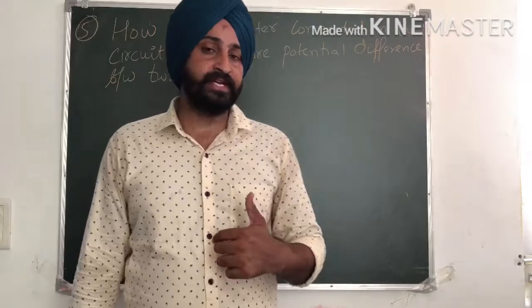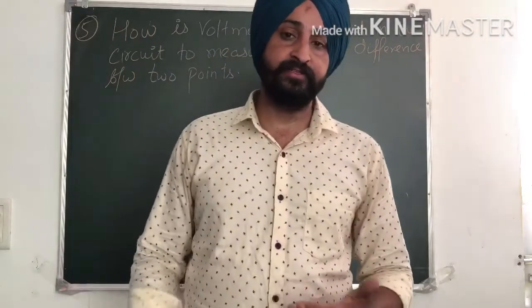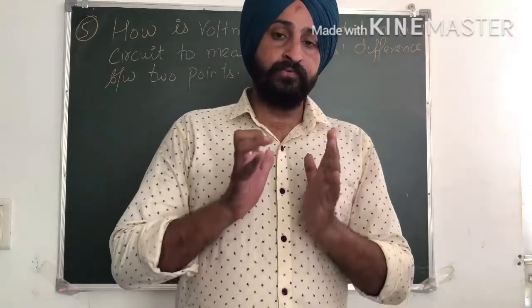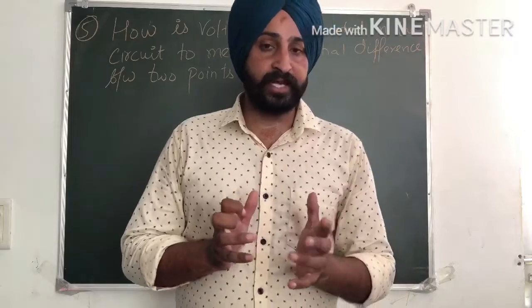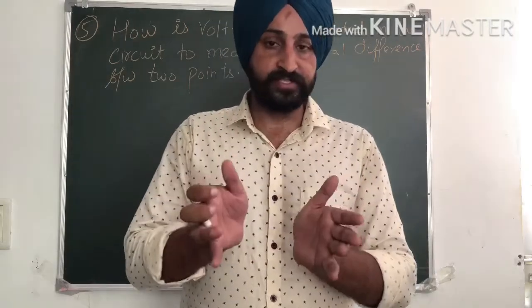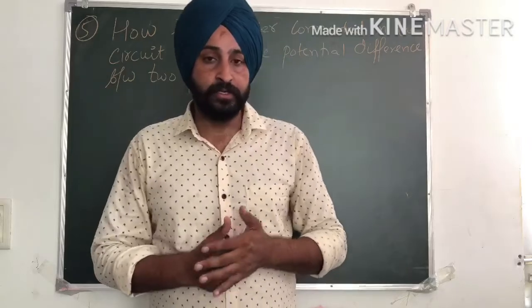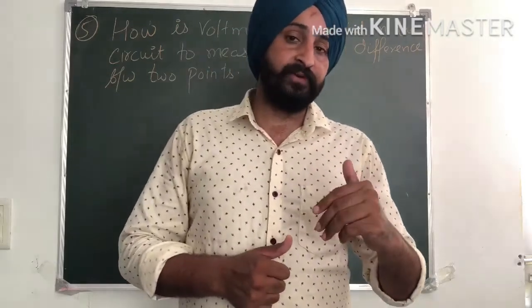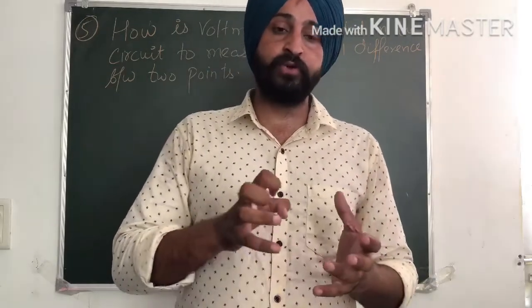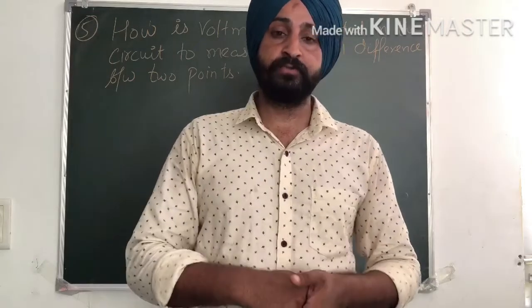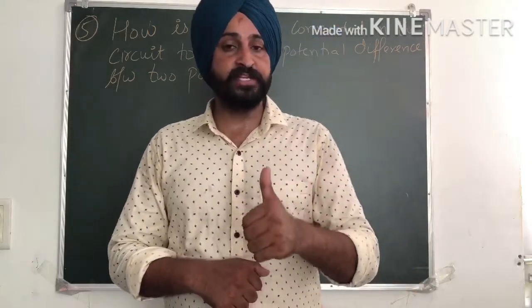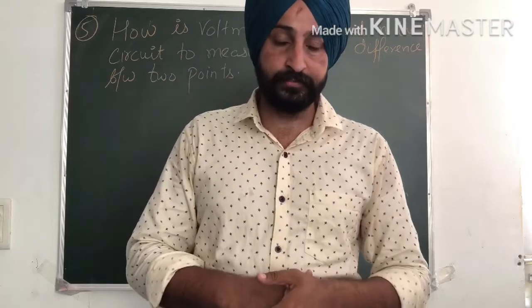And if they ask why a voltmeter is connected in parallel, your simple answer should be: a voltmeter is used to measure potential difference across a resistor. That is the purpose of a voltmeter. And a voltmeter has a very high resistance. Now if you connect that voltmeter in series, what would happen? It will change the potential difference of the circuit. Fine.